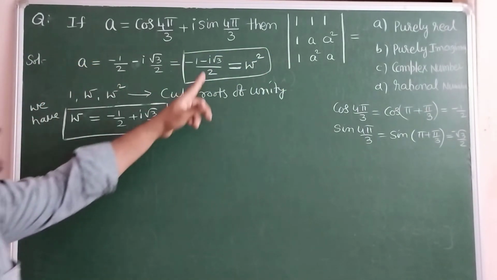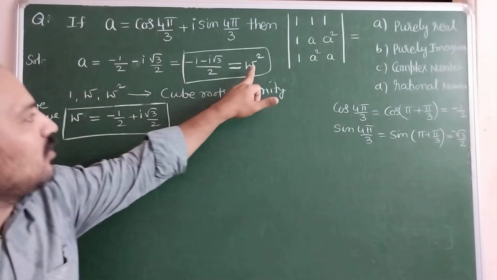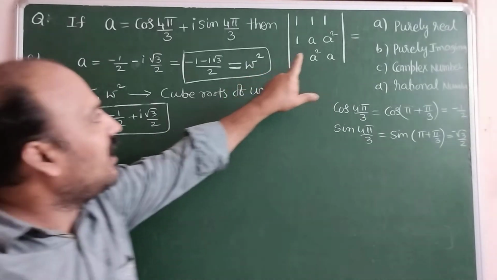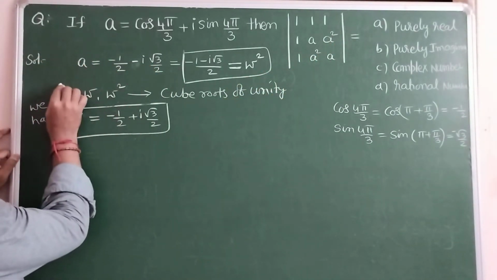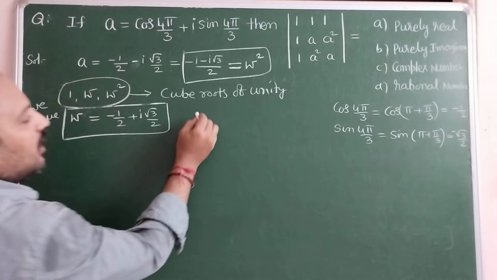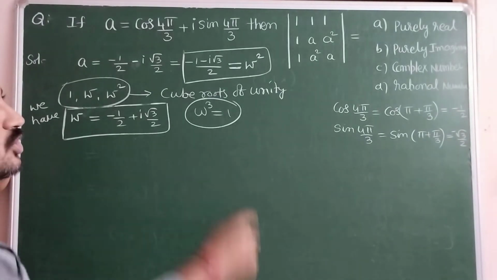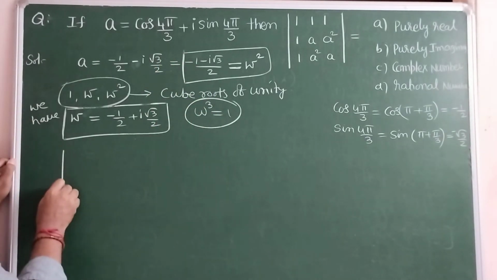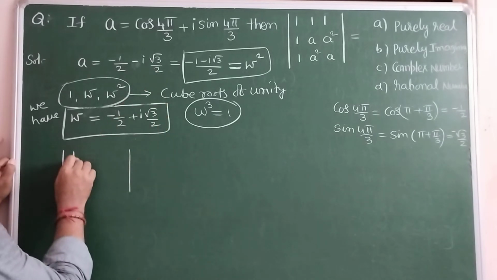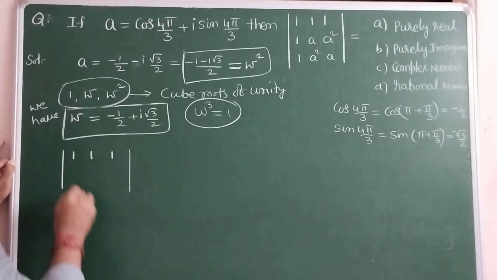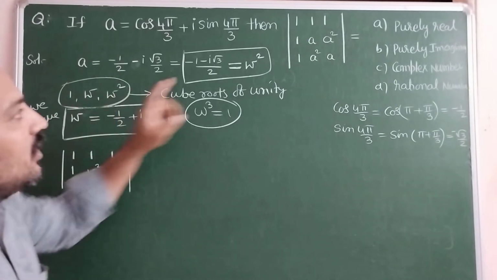So what is the need to write these values? That is what I am coming to. We are getting the value of a as omega square, so wherever a is there, replace with omega square. And in the cube roots of unity results, we have one more result: omega cube equals 1. So the given determinant becomes: 1 1 1, 1 omega square, a square.